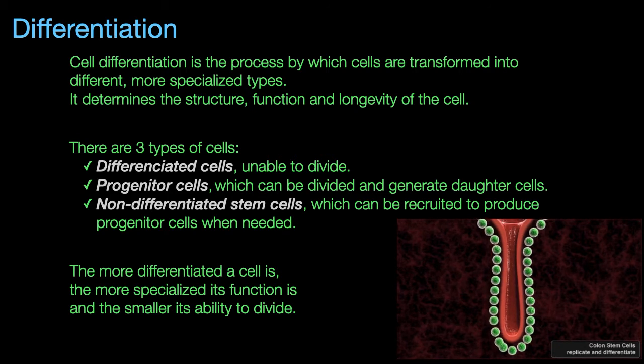Then the other group are progenitor cells, which can divide and generate those daughter cells, and the non-differentiated stem cells, which can produce a variety of progenitor cells. Okay, the more differentiated a cell is, the more specialized is its function, and the smaller the ability to divide.